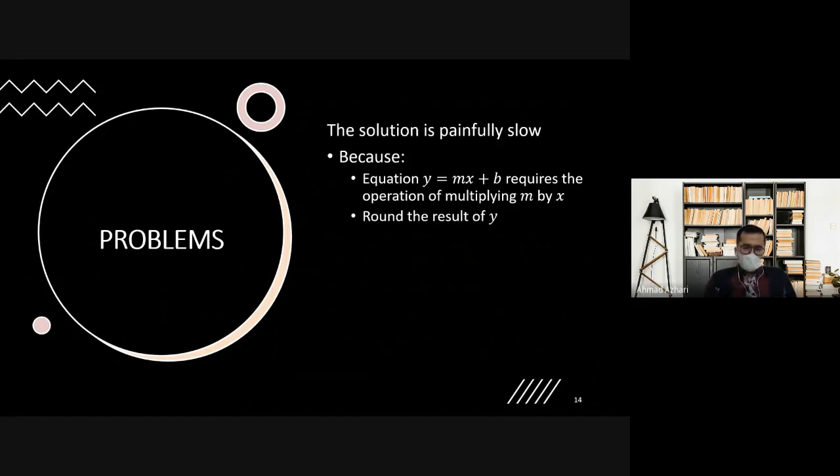Because y requires the operation of multiplying the gradient m by x. So we get y by multiplying each x by m, and then we round up or round down the result of y.